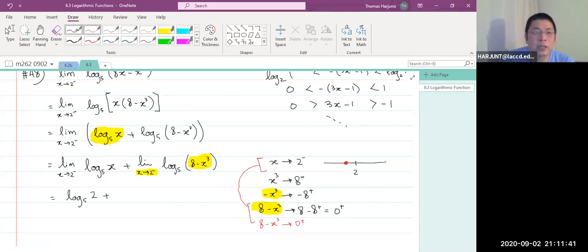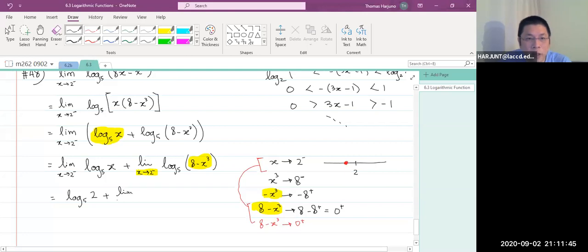So basically then we now have limit as 8 minus x cubed approaches 0 positive of log base 5 of 8 minus x cubed. But maybe I write it this way then.